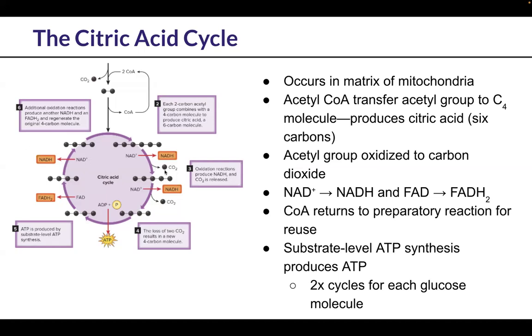So you see right here, 1 molecule of carbon dioxide, and again right here, a 2nd molecule of carbon dioxide. We transfer some of the energy of the electrons into NAD+ and FAD to make NADH and FADH2 respectively. And once we go through this whole cycle, the CoA returns to the preparatory reaction to be reused again. So it's a cycle because it goes through the whole loop and comes right back.